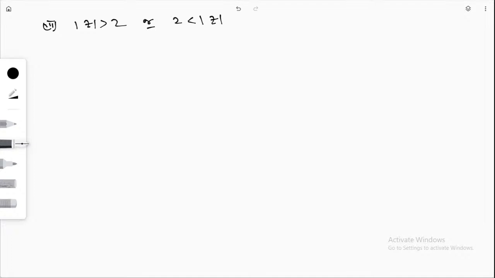So I will get 2 by mod z, which will be less than 1. So in each and every case you have to do it in such a way that the right hand side will be less than 1.